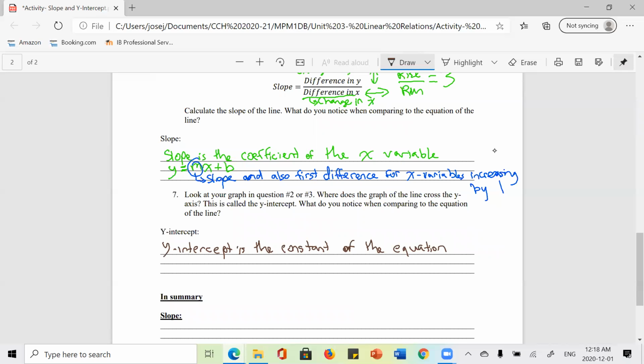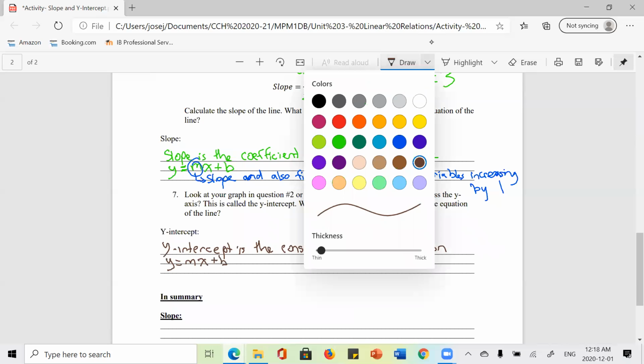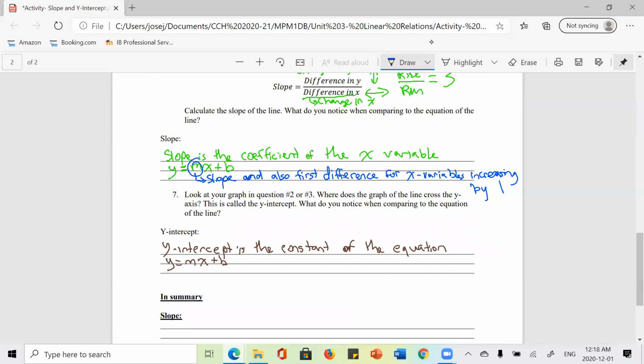So if I write down the equation once again, I have y is equal to mx plus b. Now I'm going to notice that the b value right here is my y-intercept.